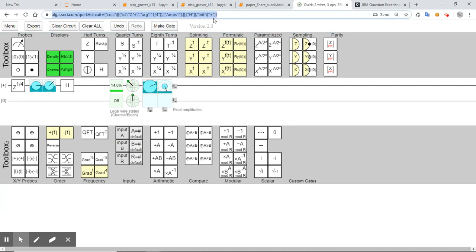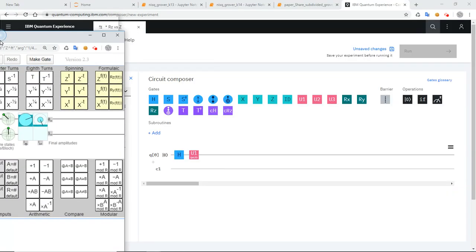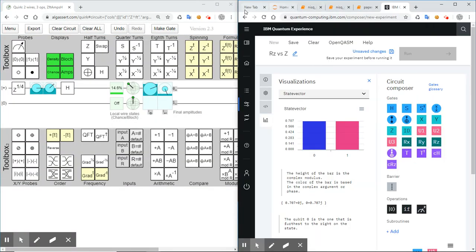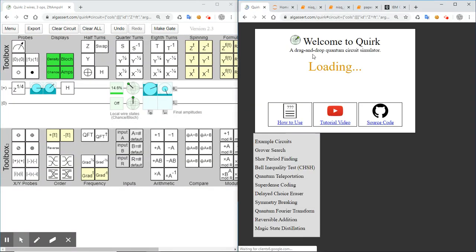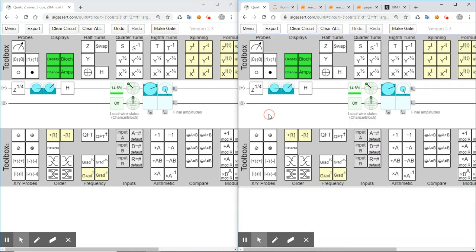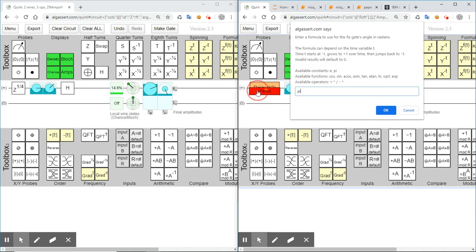And if I just take this here, and now I apply an RZ gate that is a pi divided by 4.